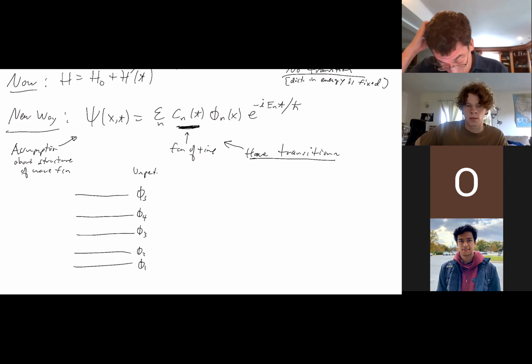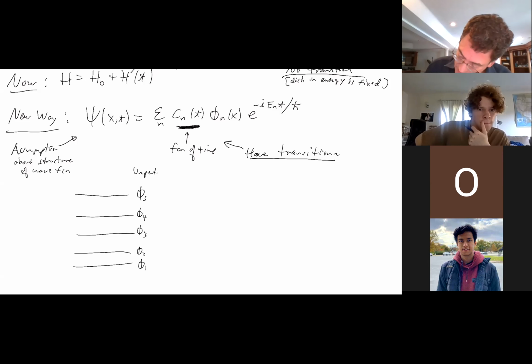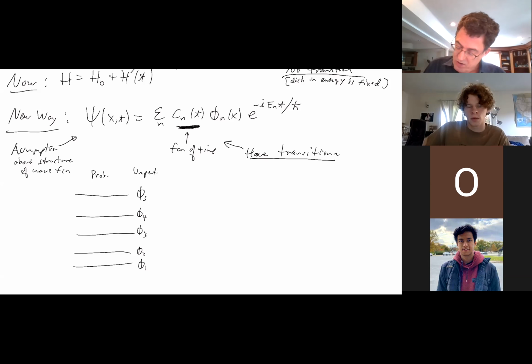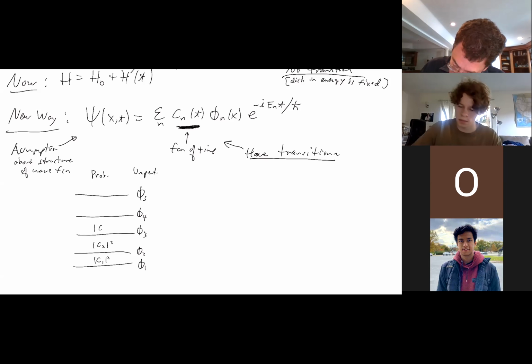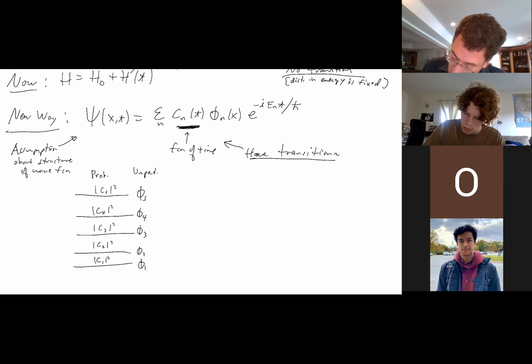And the way to think about it is that there's a probability to be inside of each state. And so the probability here is c_1 squared, c_2 squared, c_3 squared, c_4 squared, etc. And in the old way, these numbers were constants.